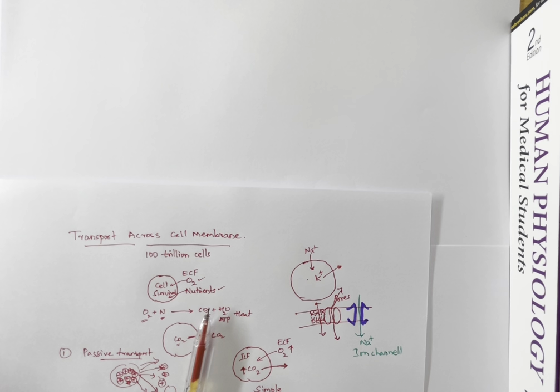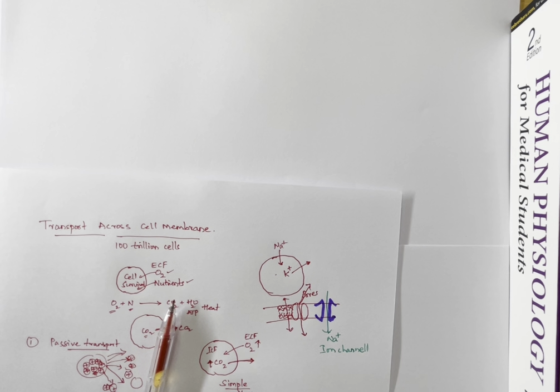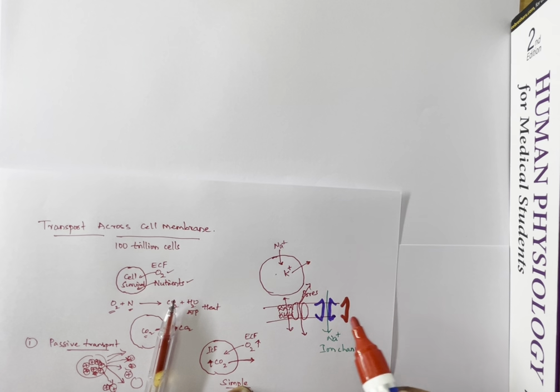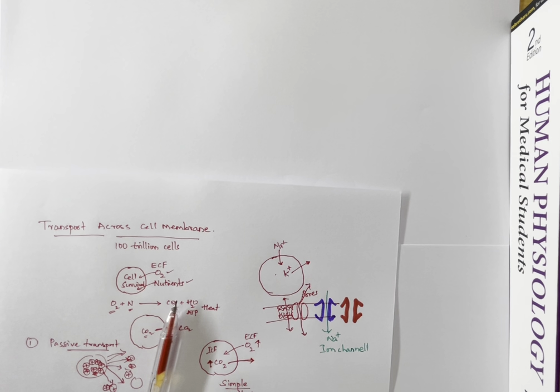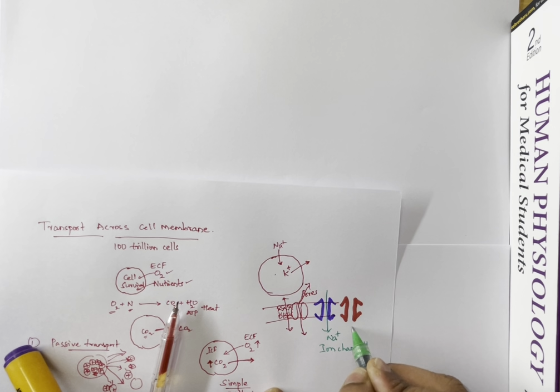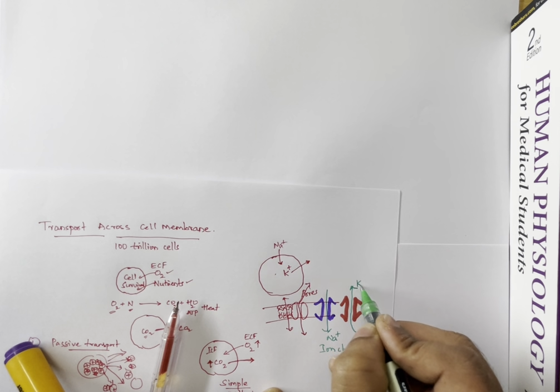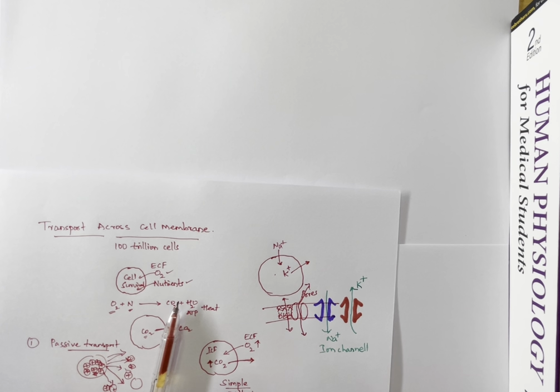Similarly, there are ion channels. The integral proteins are acting like channels for potassium efflux along the concentration gradient.